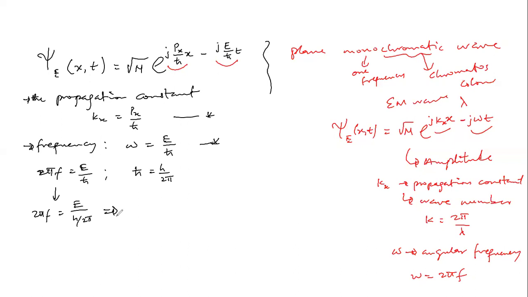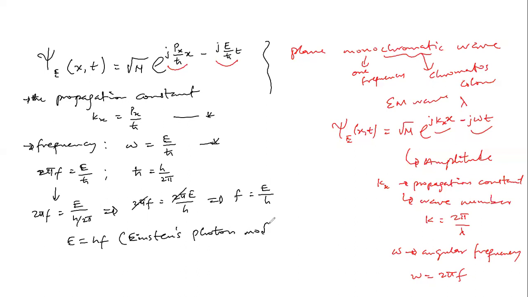So this now will give us 2 pi f is the same as 2 pi E over H. So this 2 pi will cancel this 2 pi, giving us f is equal to E over H. And this is what Einstein postulated: E is the same as HF, which is the Einstein photon model, where E is the energy of the photon, H is the Planck constant, and F is the frequency.